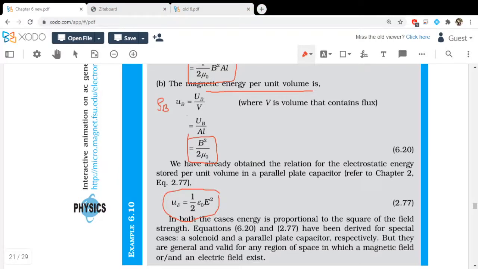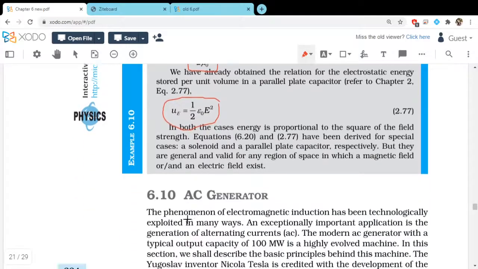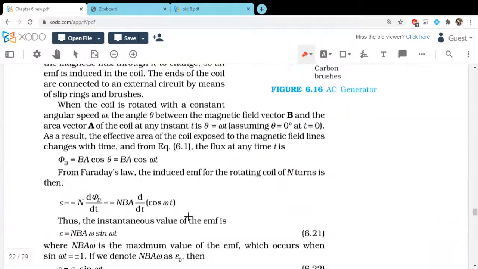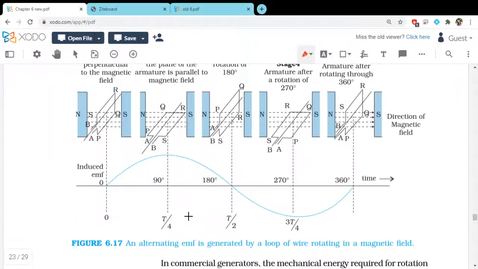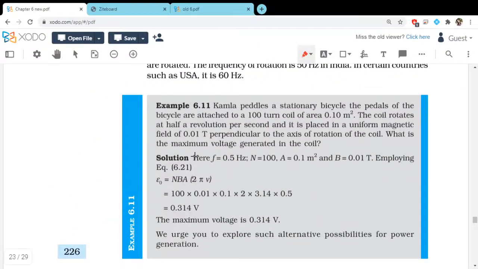Now let's move to our next example, AC generator. Example 6.11: Kamla pedals a stationary bicycle. The pedals of the bicycle are attached to a 100-turn coil of area 0.10 meter square.